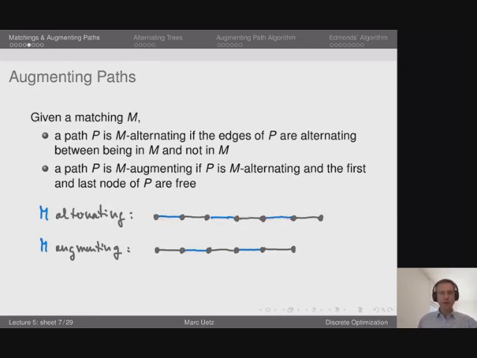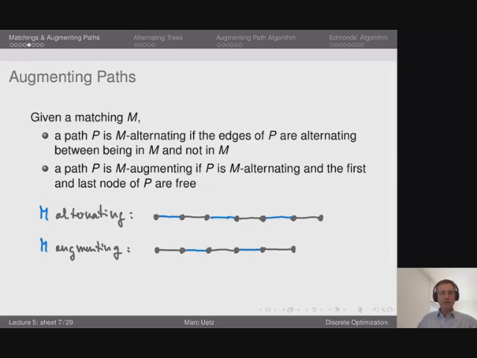And we call such a path M augmenting. So an M augmenting path is just an M alternating path where the start and the terminal node are actually free with respect to the matching M. So the first and the last node of this alternating path are non-matched vertices.